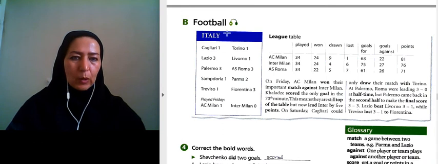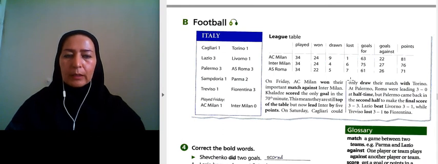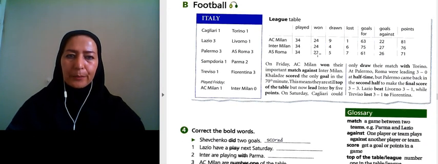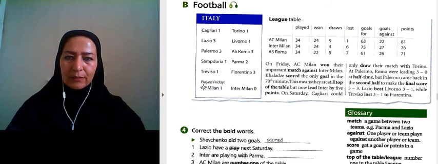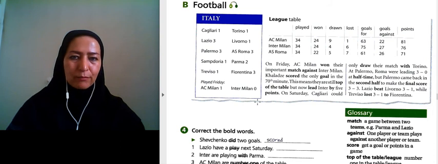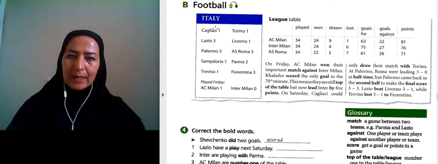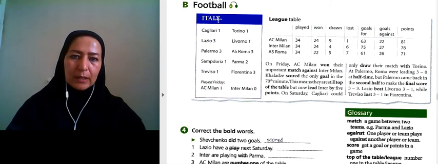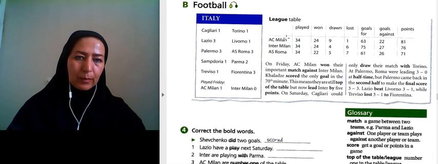About football, there's a kind of reading here. Okay, league table. These are the names of the football teams, let's say. There are some names here, names of Italian football teams.